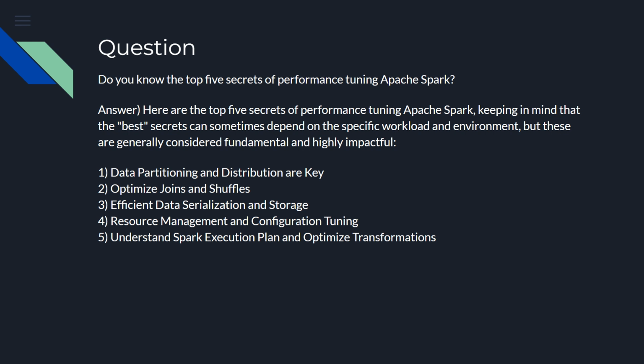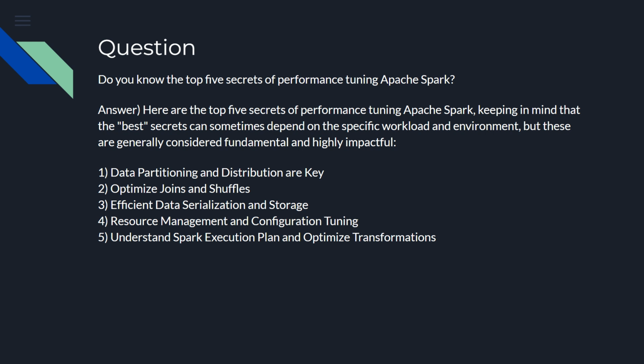Too little memory can lead to out of memory errors and data spilling, while too many cores per executor can increase context switching overhead. Experiment to find the optimal balance for your workload.